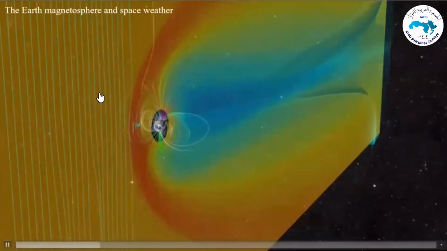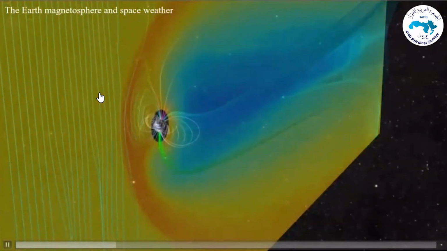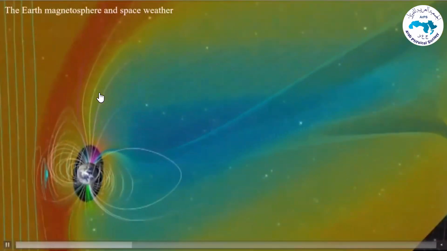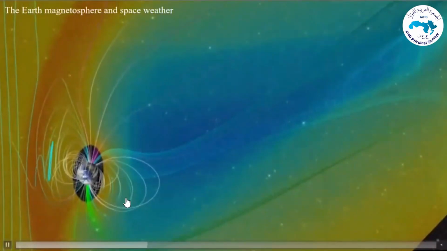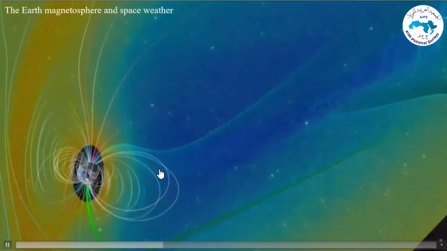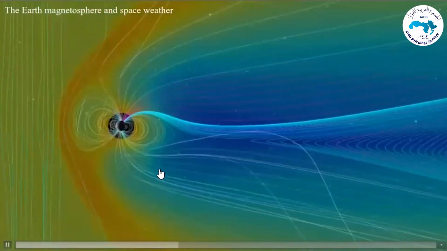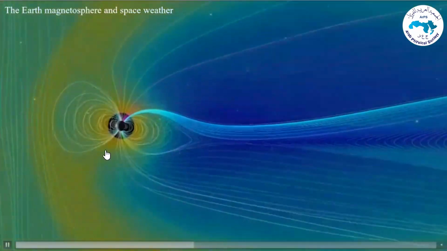Because when the sun sends us a large amount of highly energetic electrons and ions, they interact with the Earth's magnetic field, which is actually protecting us, and they are able to deplete it. And by depleting it, they are able to provoke massive cuts in power or disrupt artificial satellites in Earth orbit.